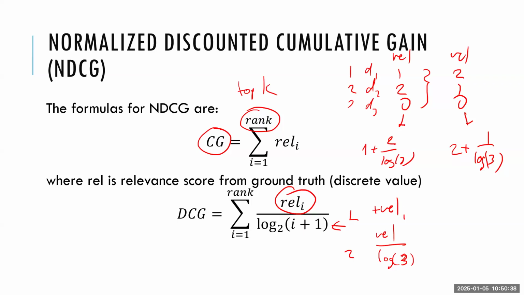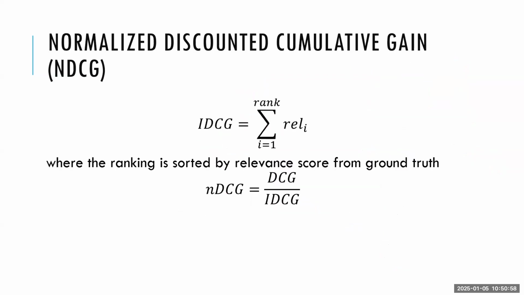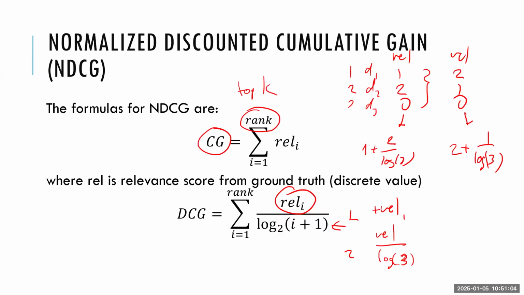Because the more you go down the list, the more discount you will get. And after you have DCG, so the DCG is basically your weighted sum of the relevant score of your ranking.